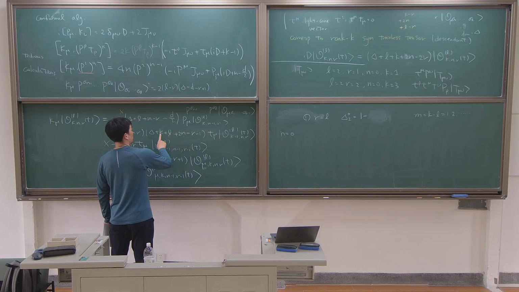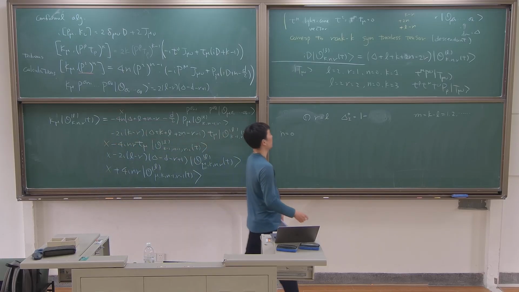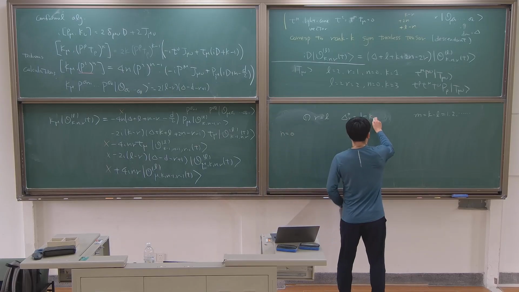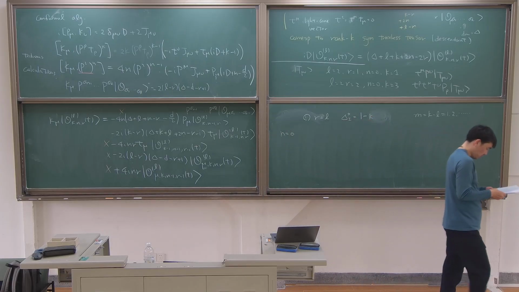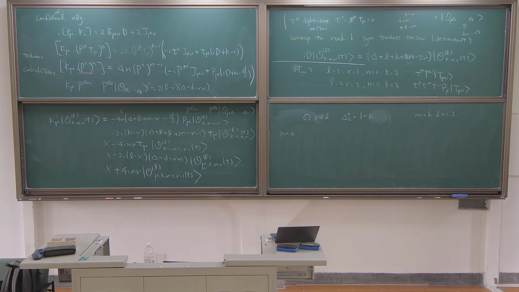So therefore this should be 1 minus k. So that's 1 minus k.